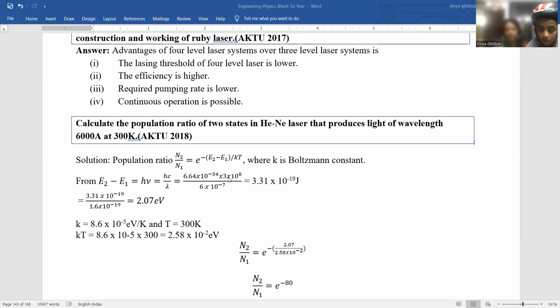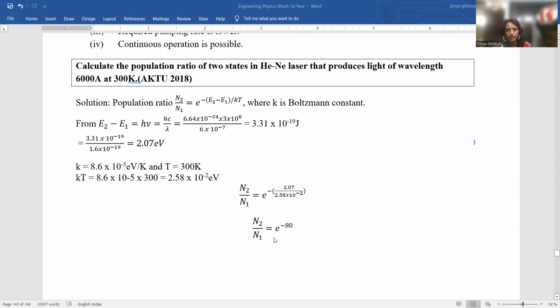Putting the mathematical values which we have been given in the equation, 6000 angstrom turns out as 6 into 10 to the power of minus 7 meter, because we have converted angstrom into meter, and then we get this energy in joules. If you want to convert it into electron volt, put the value here. For N2 upon N1 equal to e to the power of minus (E2 minus E1) by KT, we have found this value.